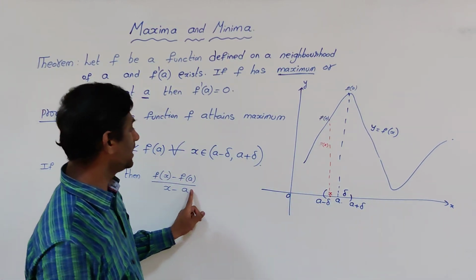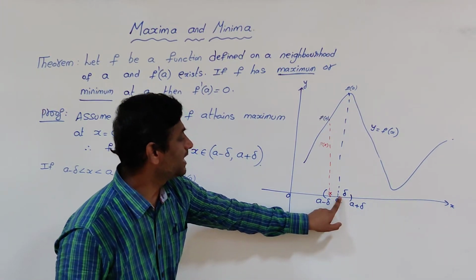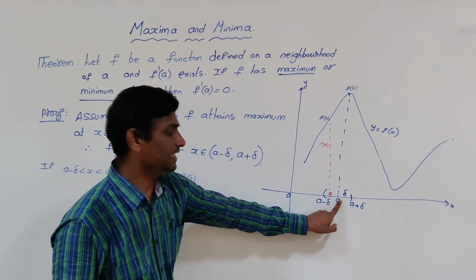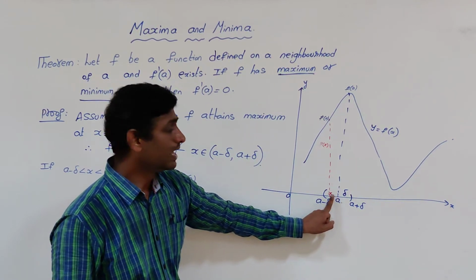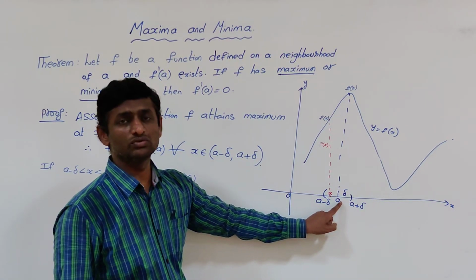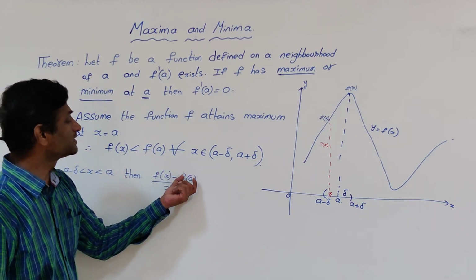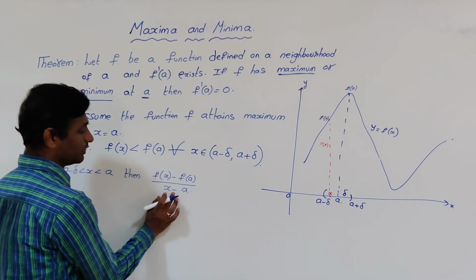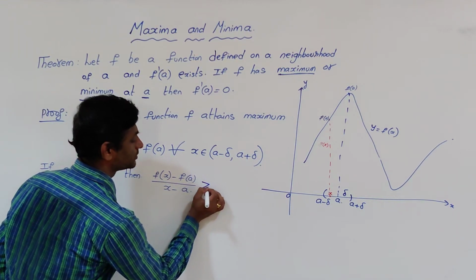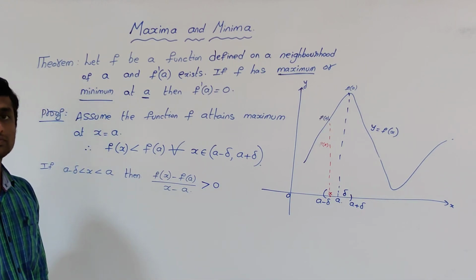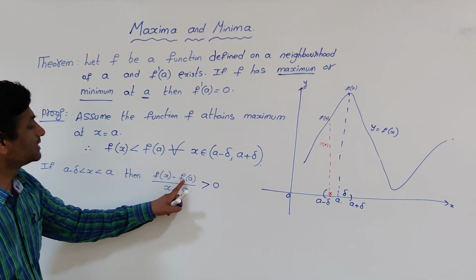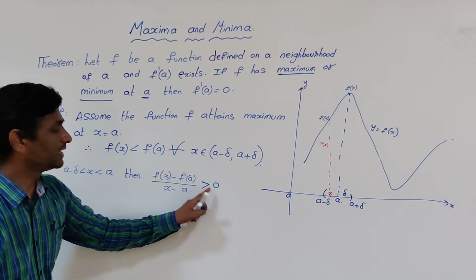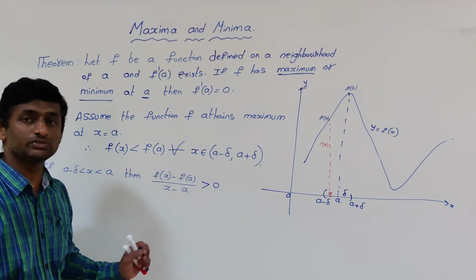And x is less than a, so x minus a will be less than 0. So f of x minus f of a by x minus a will be negative divided by negative, and this gives positive. So this part is greater than 0, which is a positive value.